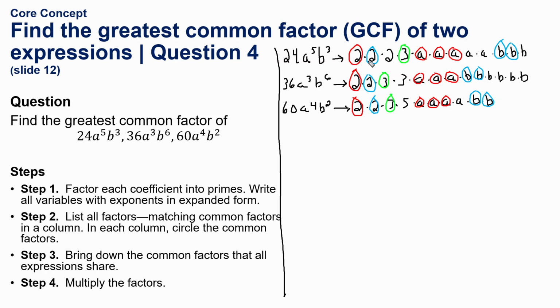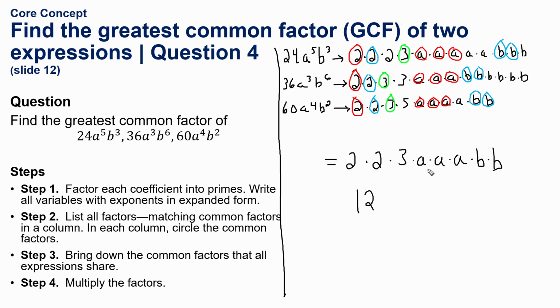Well, they share 2 and 2. So 2 times 2. And there is another 3, so times 3. I then have 3 a's, a times a times a, and 2 b's, b times b. So multiplying these factors, 2 times 2 is 4, 4 times 3 is 12.